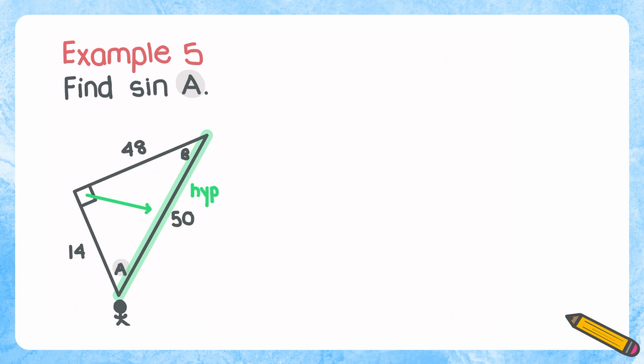So this is our hypotenuse. Our opposite side is across from where we're standing. So this side would be our opposite side. And lastly, the adjacent side is the side right next to us.